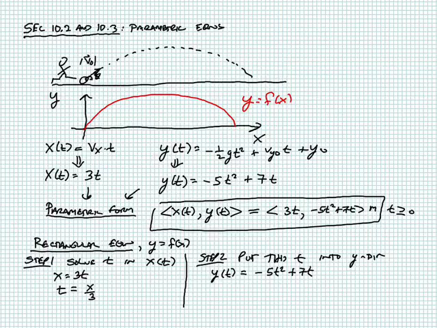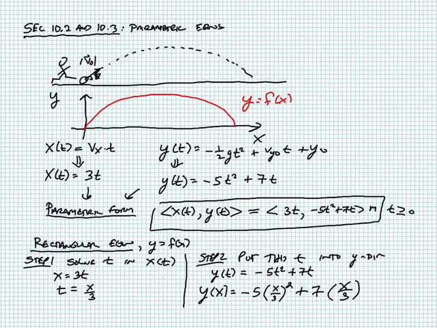What I'm going to do now is take my time value that I calculated in the x direction, time equal to x over 3, and put that in for all of the times. If I do so, then I get y as a function of x is equal to minus 5 times t squared, so t is quantity x divided by 3, quantity squared, plus 7 times t, and t is x over 3.